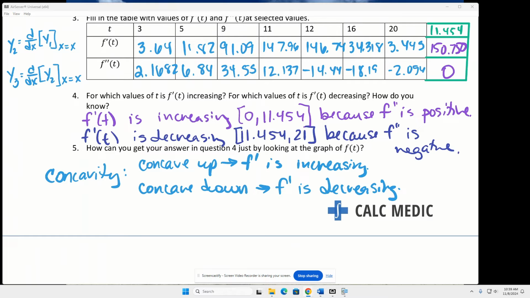All right, I'm going to give you the rest of the notes. While I'm doing that, I also want you to look at your f double prime, your second derivative values when the function is concave up, and your second derivative values when the function is concave down.